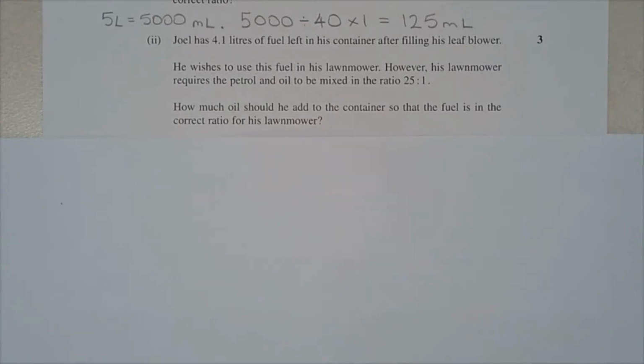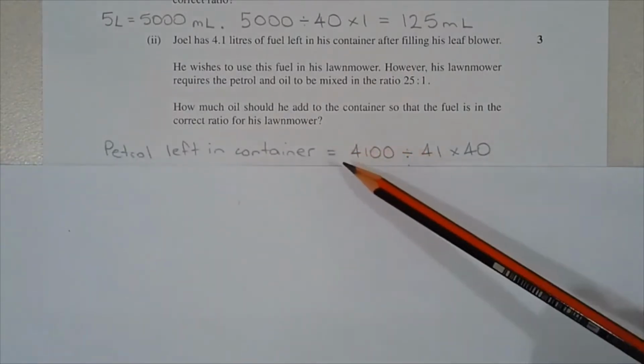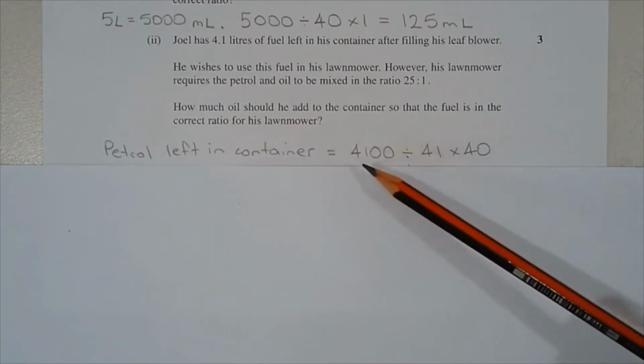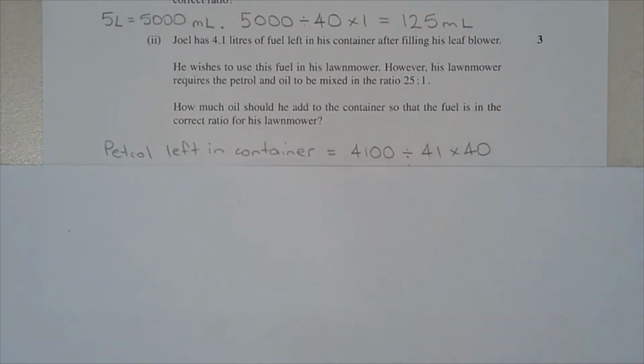how much petrol there is left in the container. After all, there's petrol and oil mixed together to create this fuel. This is for the leaf blower. So the amount of petrol left in the container is found by taking how much fuel there is, which is 4,100 millilitres of fuel. So that's the petrol and the oil together.